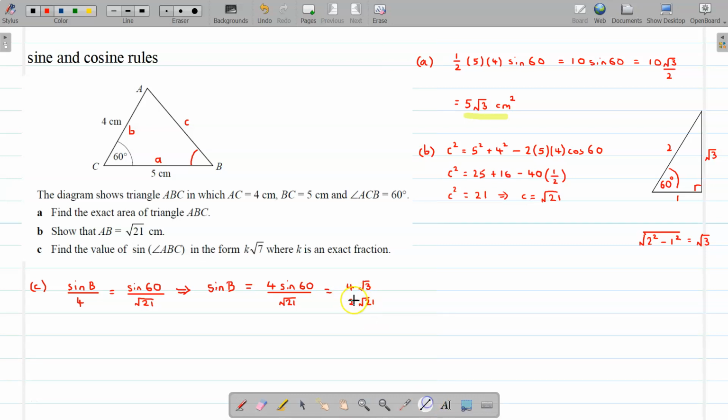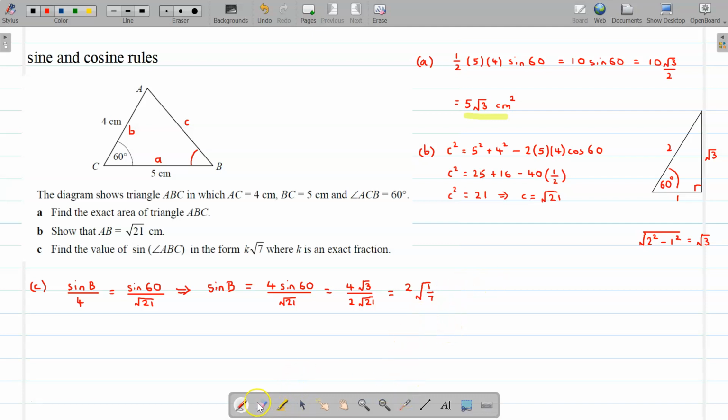I'm going to create a third expression, and let's just finish that off. So we have now, 4 over 2 is 2, and root 3 over root 21 is the same as the root of 3 over 21, which is root of 1/7. So it's 2 times the square root of 1/7, or 1 over root 7, perhaps I should have written.